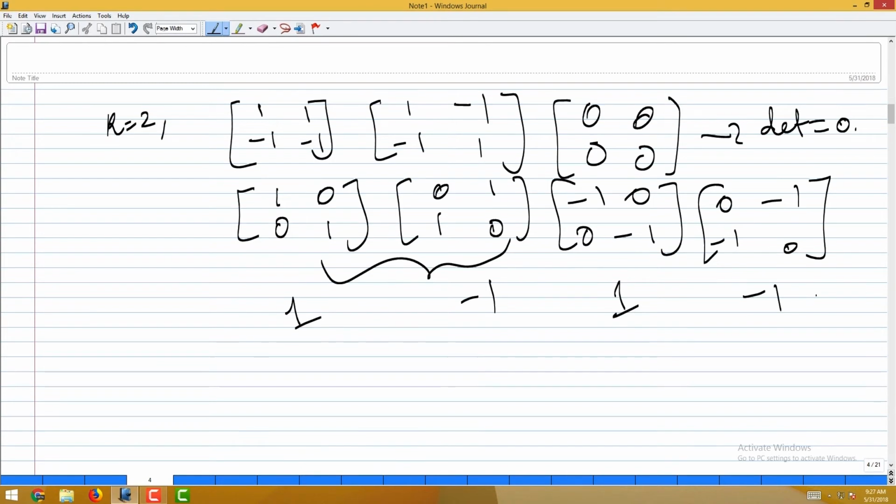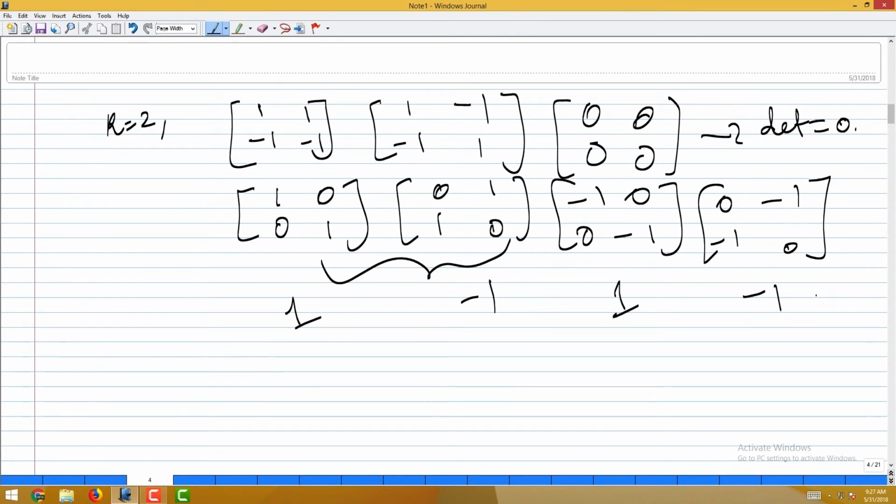Think of a k by k matrix. If every column of the k by k matrix adds up to 0, then I can immediately conclude that the determinant is going to be 0. In that case the columns are either all zeros or contain 1 and minus 1 paired in, so you get determinant 0.